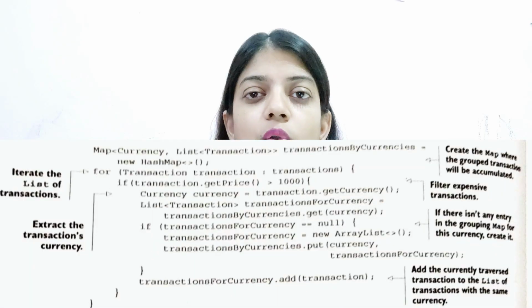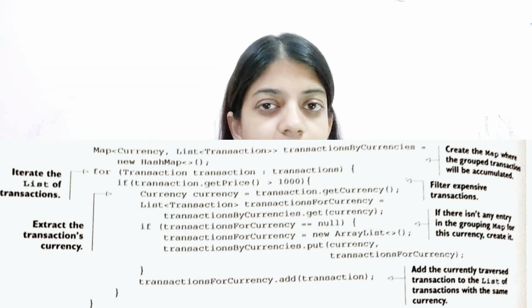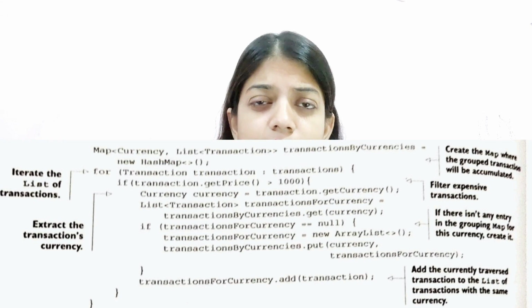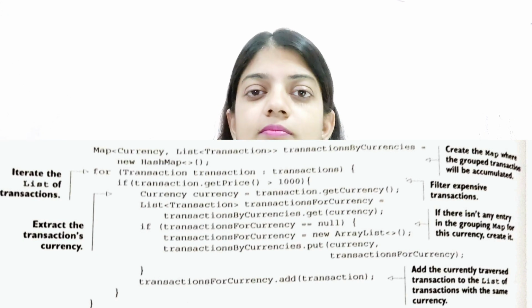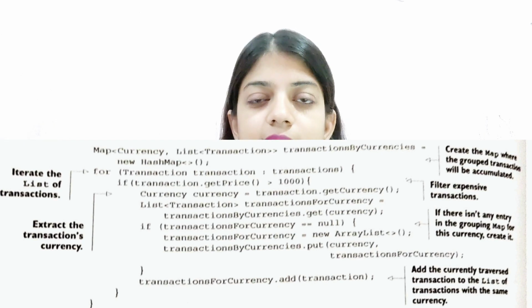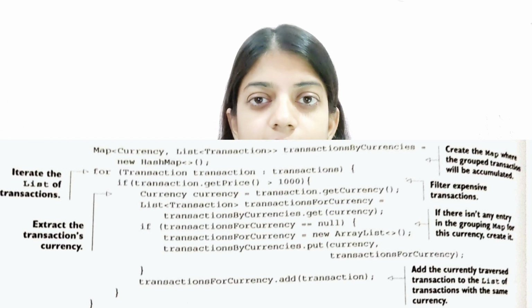So what will we do? Let us look at this example. First you will create a map, and then you will loop through the transactions which we have. We will get each transaction, check the if condition, and check if it is greater than 1000.